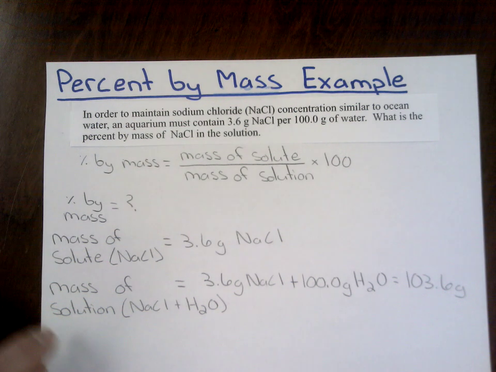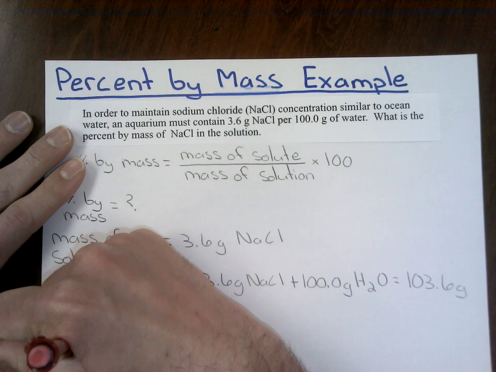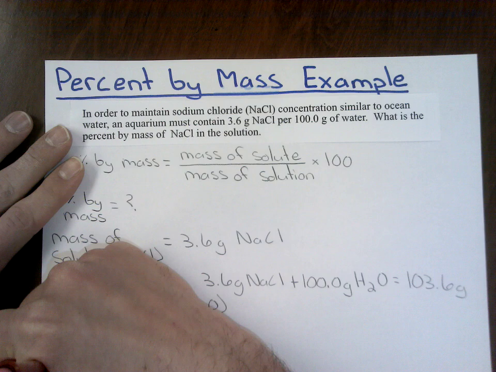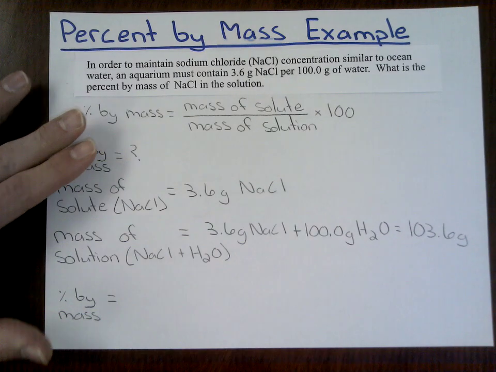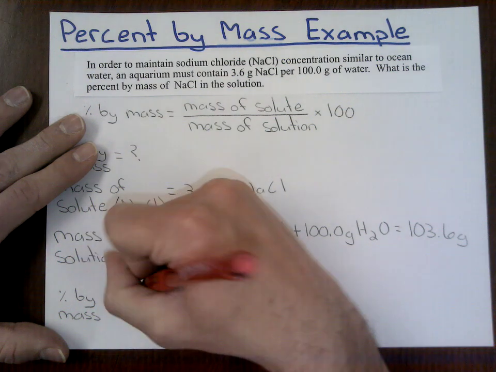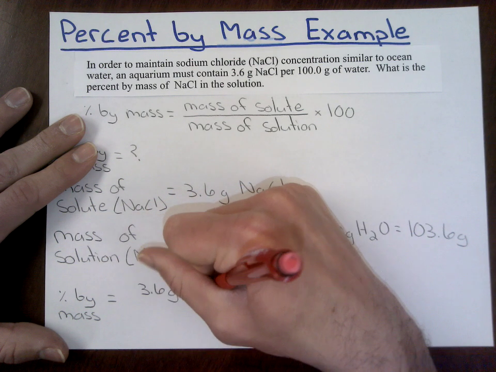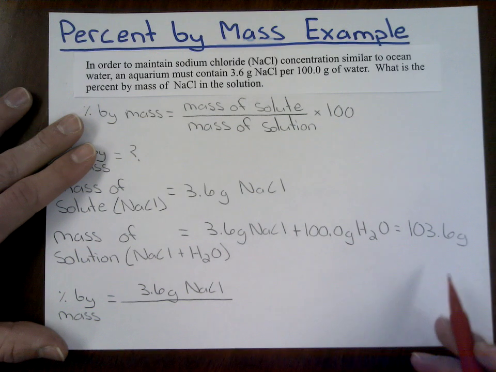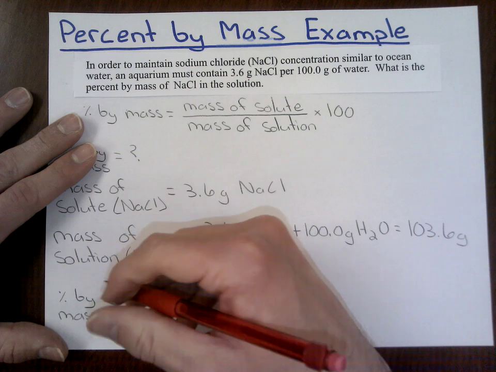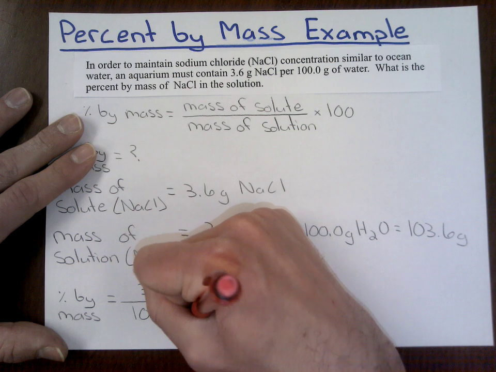We can use that to find the percent by mass. So the percent by mass is equal to our mass of our solute, which is 3.6 grams of NaCl, all divided by the total mass of the solution, which we just got done calculating to be 103.6 grams.